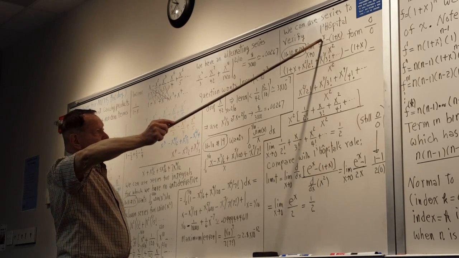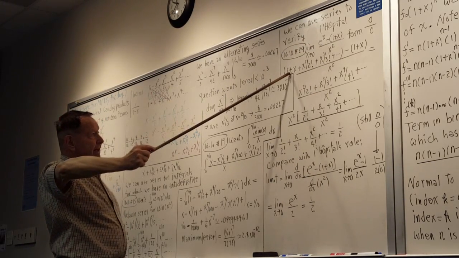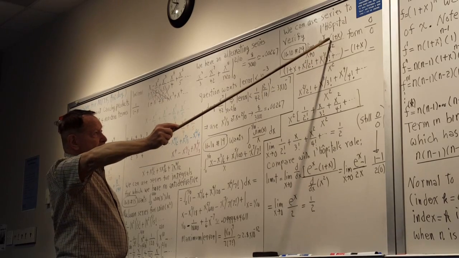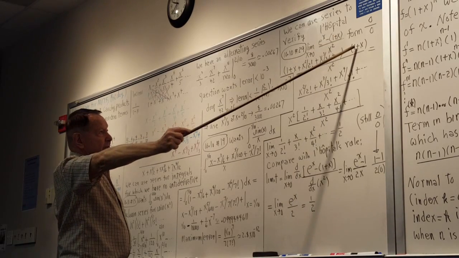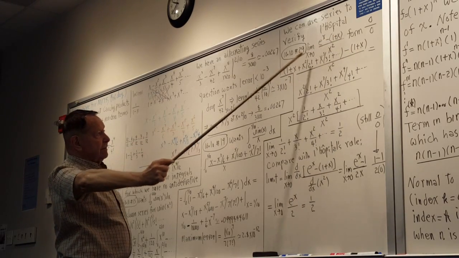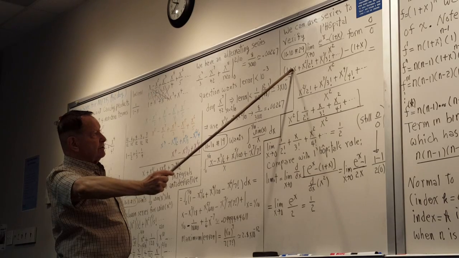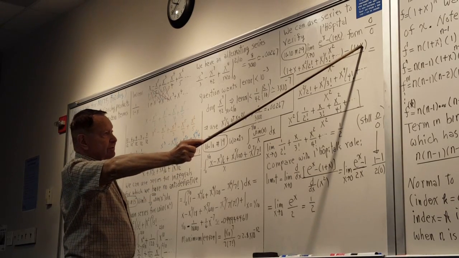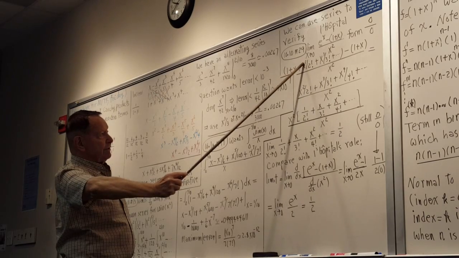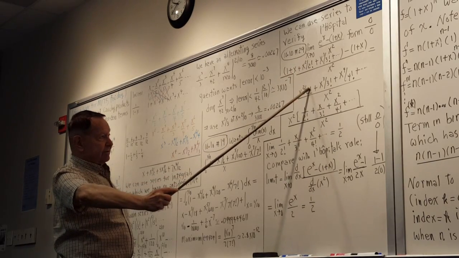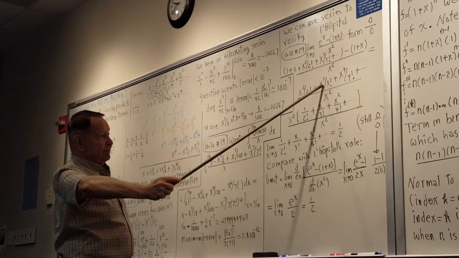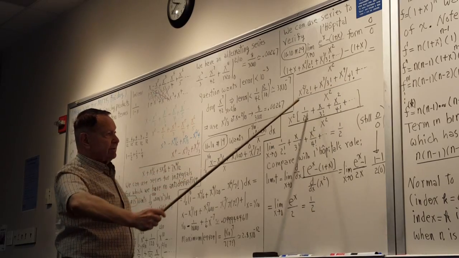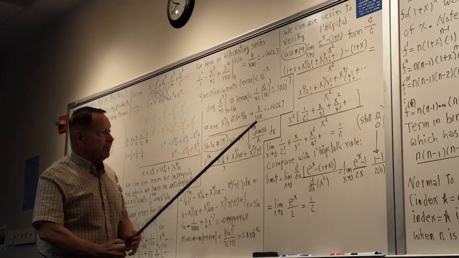So what I want to end with is showing you that we can get to that limit by writing the Maclaurin series for e to the x, a few terms, and taking away the 1 plus x. So you see the first two terms cancel with those two. And it leaves you x squared over 2 factorial, x cubed over 3 factorial, and so on, over x squared.